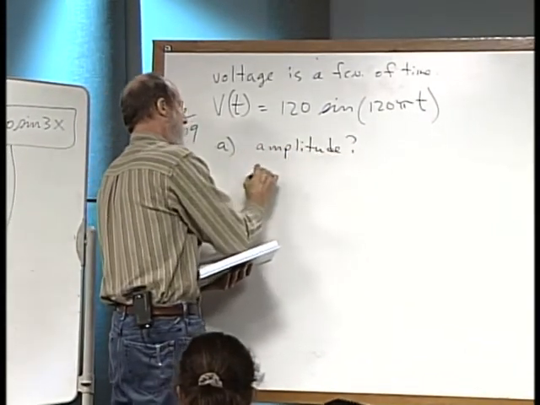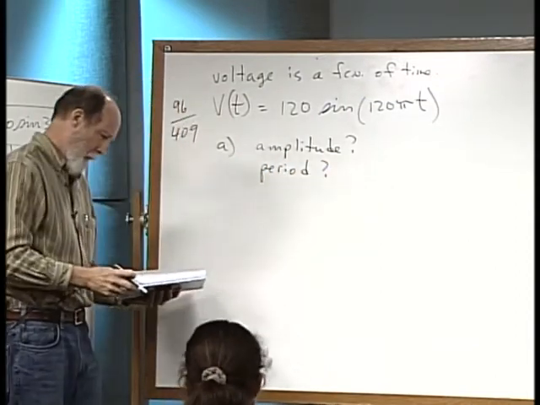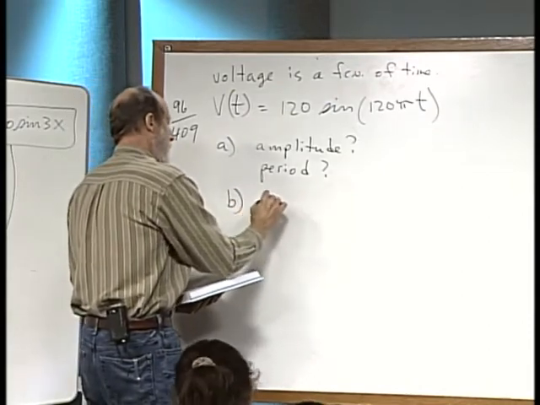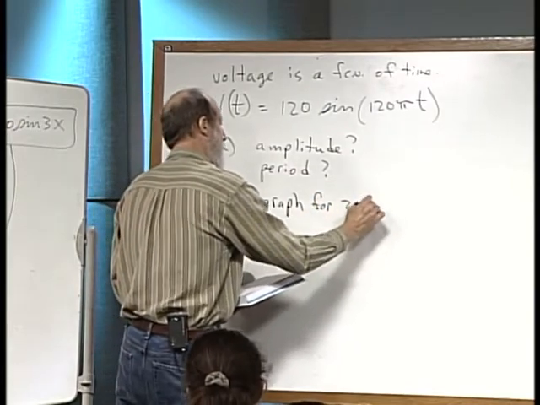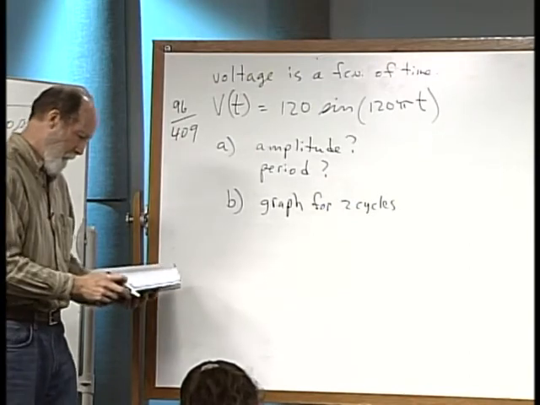Amplitude, question mark, period, question mark. And then in part B, they want us to graph it for 2 cycles. Graph for 2 cycles.